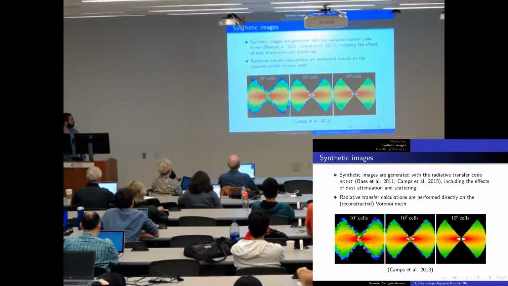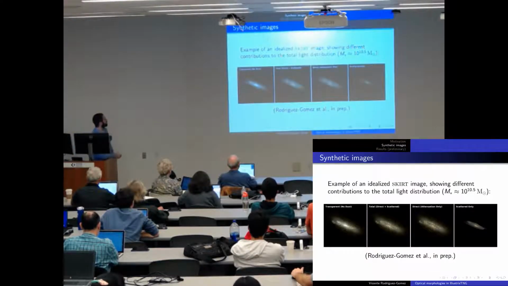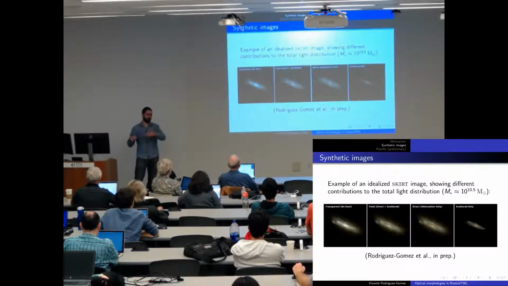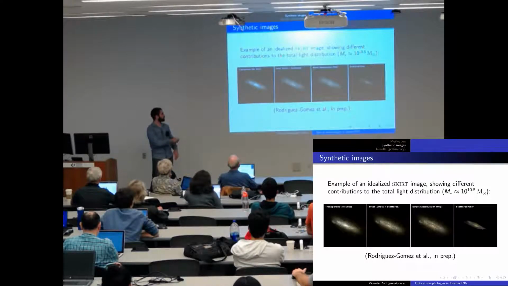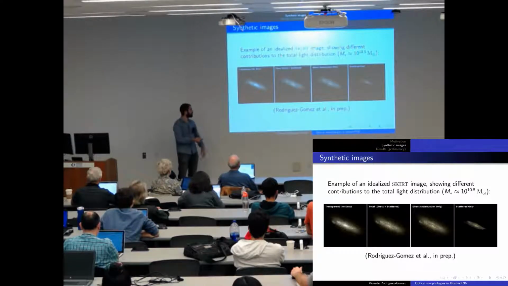So okay, let's look at some images. This is an example of an idealized image. Idealized means that I have not convolved with a PSF to mimic the telescope optics and atmospheric conditions, or added background noise. So this is the direct result from the simulation. The one on the left does not include any dust modeling, so the galaxy is basically transparent.